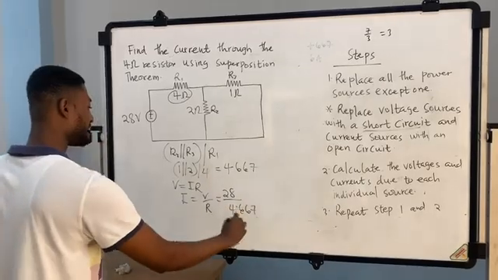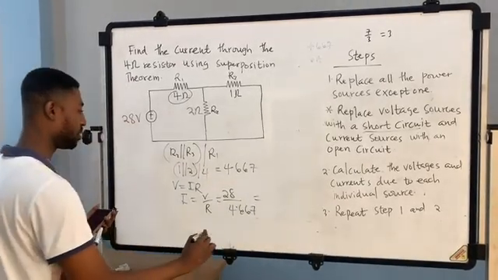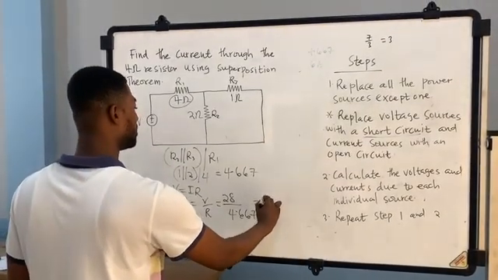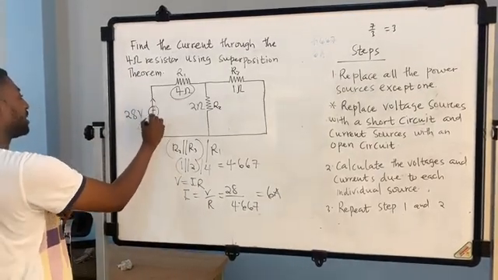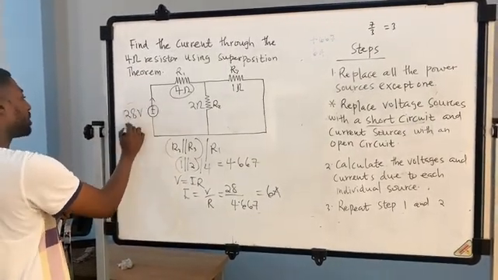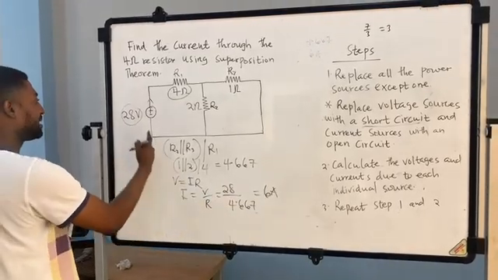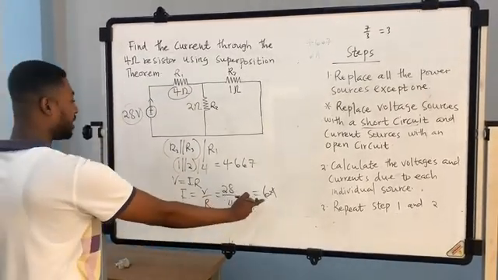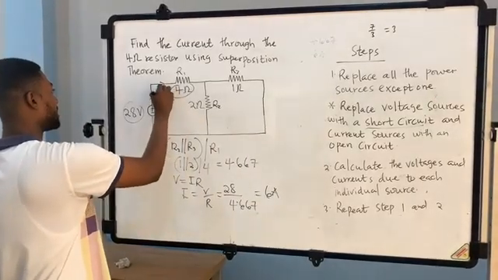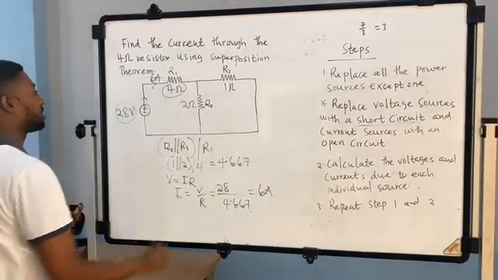If I simplify this, I'm going to have a current of 6 amps. So the current produced by the 28 volt source is 6 amps, and it is that same current that flows through resistor R1. So the current flowing through R1 here is 6 amps.